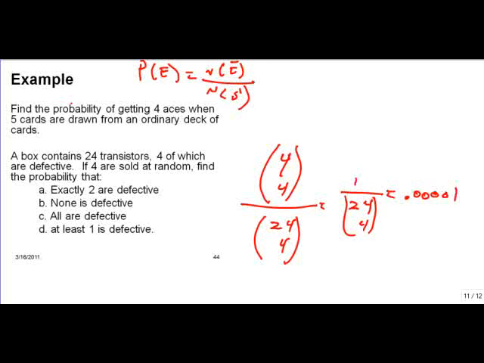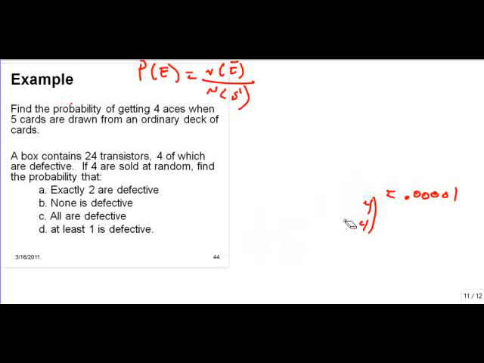And then finally, at least 1 defective. So again, we have to remember, what does it mean for at least 1 to be defective?